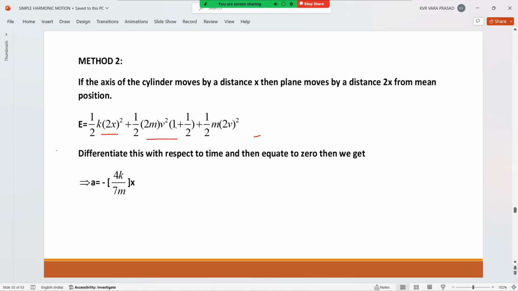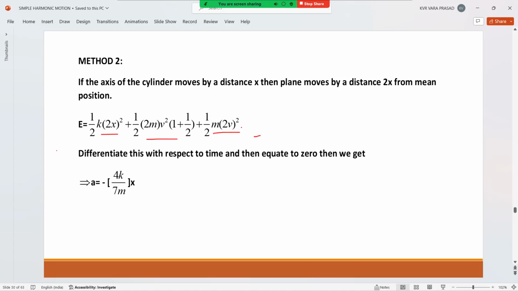So first part corresponding to translation, second part corresponding to rotation. Right. Plus half into m into 2v whole square. This is the kinetic energy for the plank. Plank velocity is 2v.